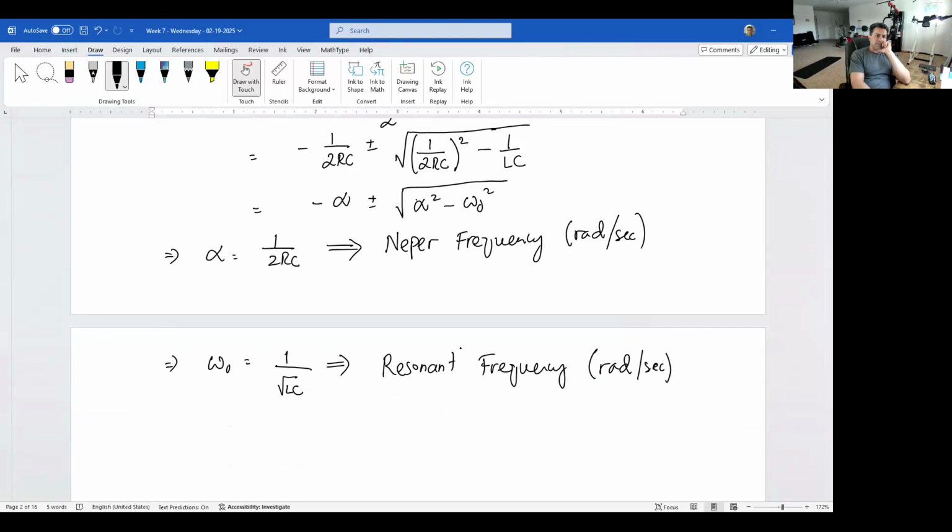So the two roots S1 and S2 are negative alpha plus the square root of alpha squared minus omega naught squared, one root. And the other root is negative alpha minus the square root of alpha squared minus omega naught squared.